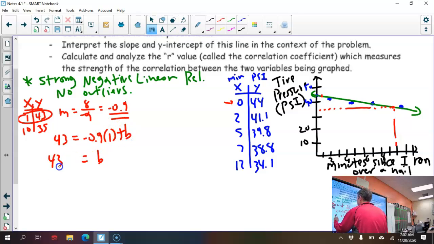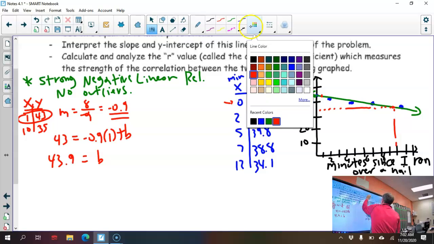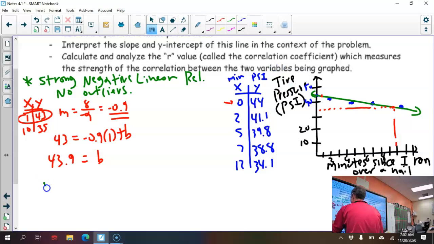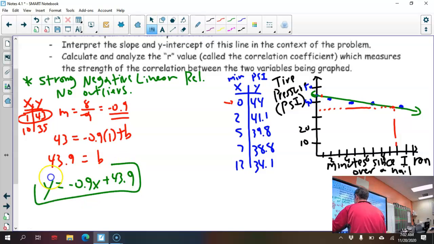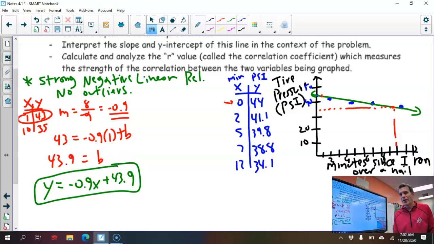And that would be 43.9 when I calculated it. So my equation for my best fit line is y equals negative 0.9x plus 43.9. And I have my equation for my best fit line.